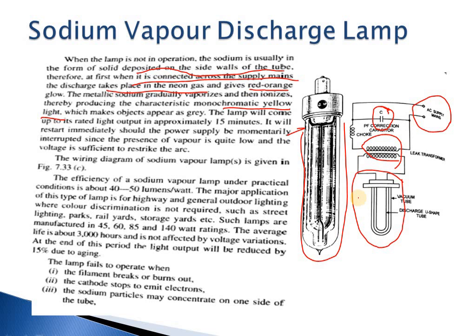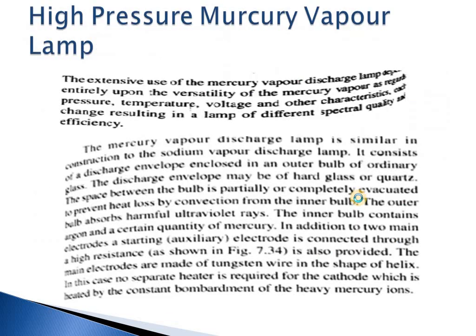Lighting is the main concern, and the sodium vapor lamp can create a very good amount of lumens, so it can illuminate a larger area. So we can use sodium vapor lamps for street lighting, railway yards, storage yards or parks.